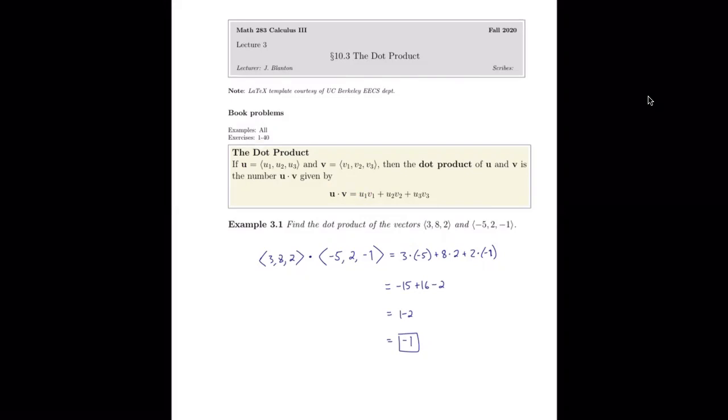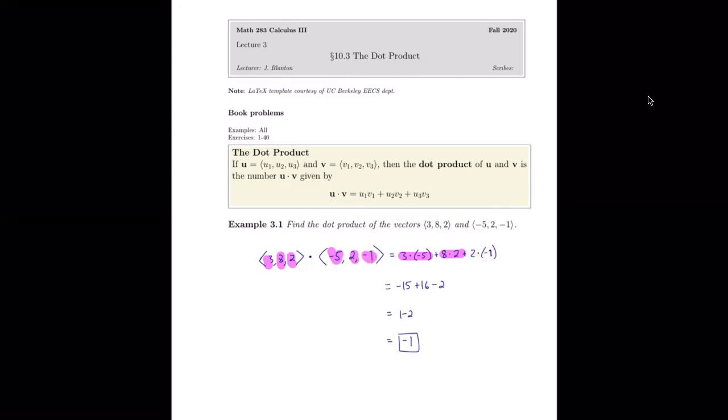So for our first example, they ask us to find the dot product of two given vectors. So we have 3, 8, 2 dotted with -5, 2, -1. Here we see the first components, 3 times -5 plus 8 times 2 plus 2 times -1.